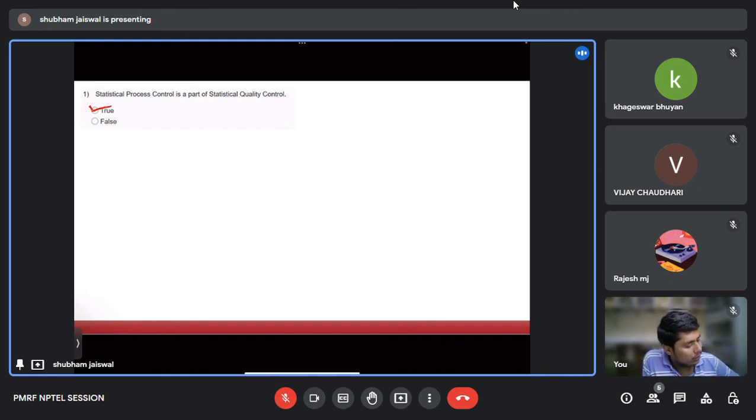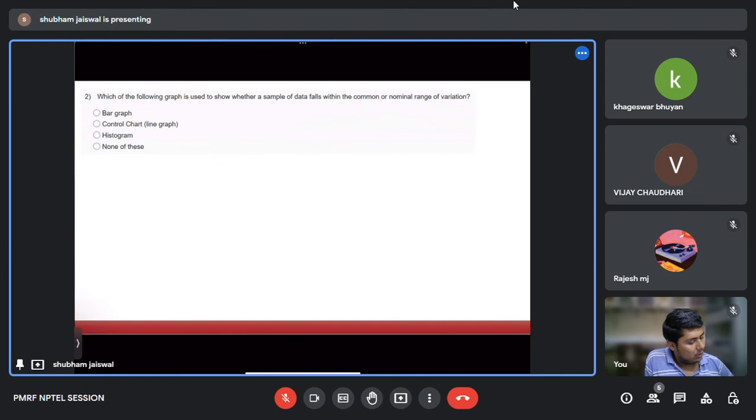Next question is: which of the following graphs is used to show whether the sample of data falls within the common or nominal range of variation? Bar graph, control chart, histogram, none of these. I will draw all these graphs for you so that you can easily understand.